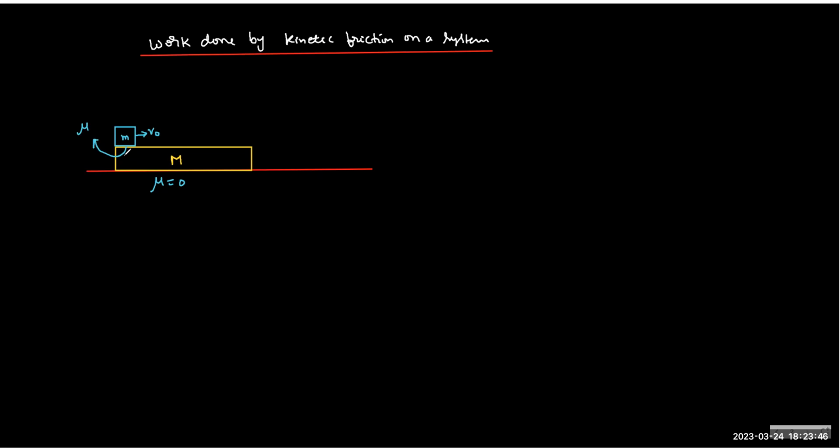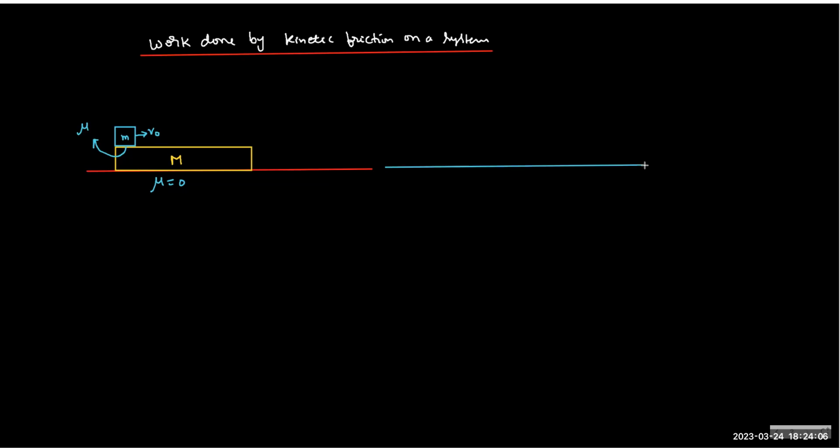Imagine the plank is very long, you can say infinitely long, so the block will never come off the plank. It will always remain on the plank no matter what. And you impart some velocity v naught to the block. What will happen?